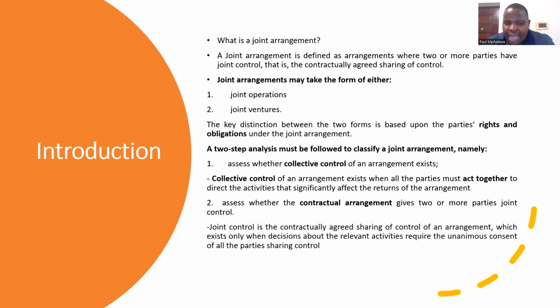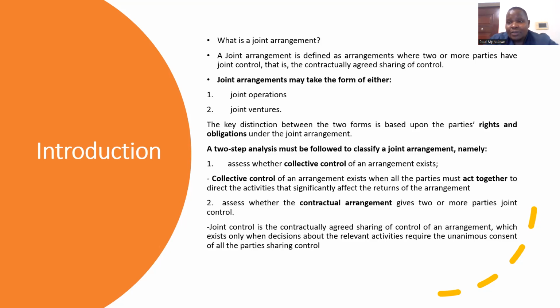Joint control is a contractually agreed sharing of control of an arrangement, which exists only when decisions about the relevant activities require the unanimous consent of all the parties sharing the control. For a decision to take place, all the parties must have a say, must have voting power.